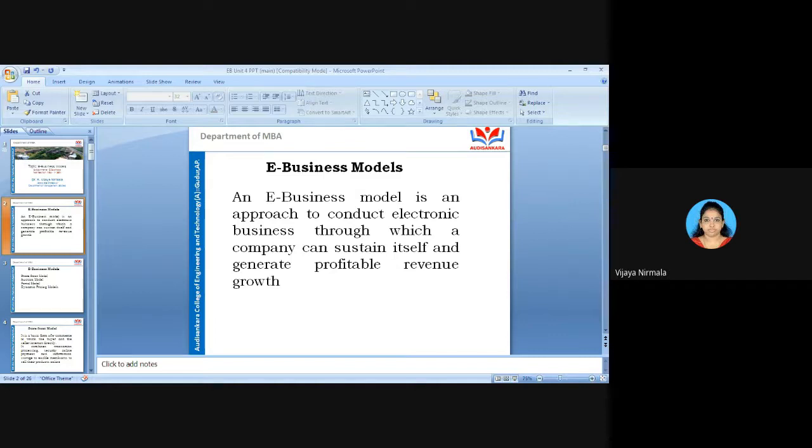So this e-business model tells us how the company is going to function, how it is going to provide the products and services, how it is going to generate the revenue, as well as how it will create new products and adapt to the latest technologies.